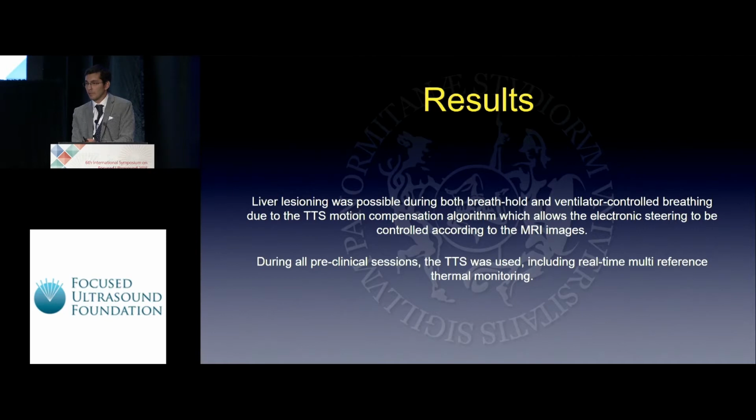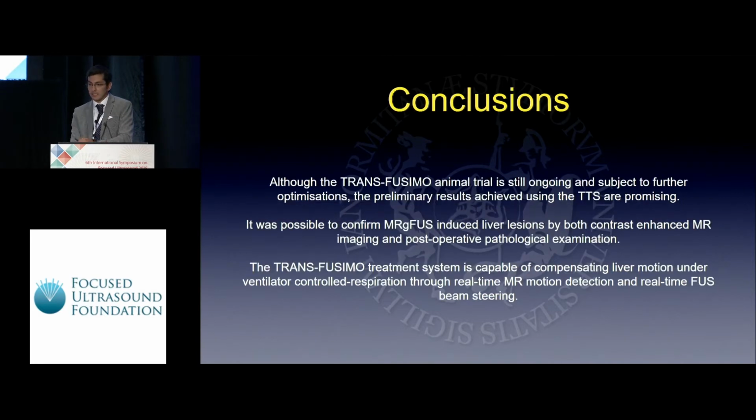During all the preclinical sessions, multi-reference thermal monitoring was used and the full workstation was used. In conclusion, we know that the trial is still ongoing, so it may be subject to further optimization, but this preliminary result looks very promising for us.